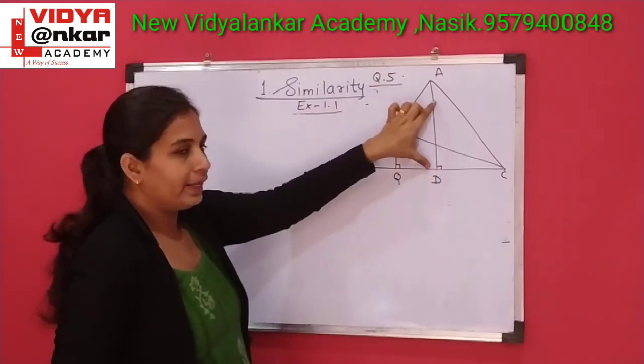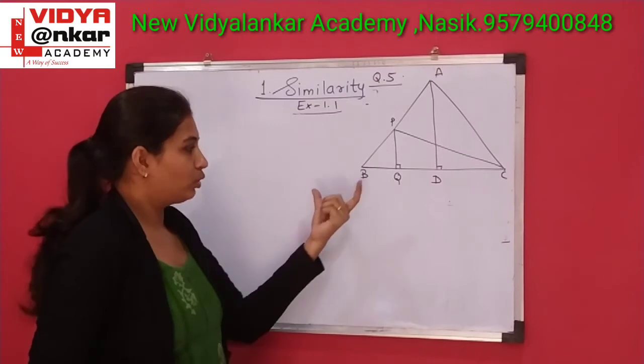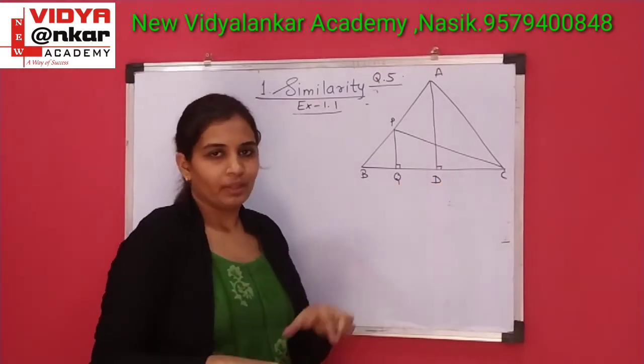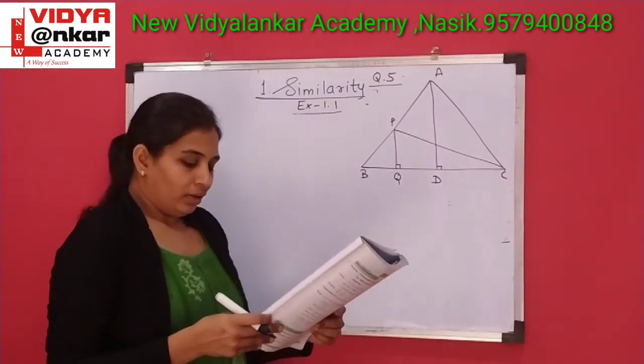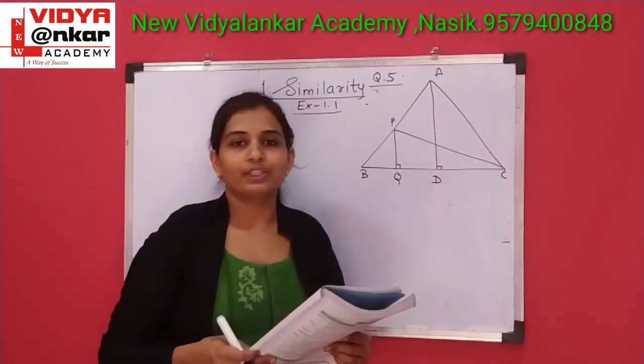PQ and AD are the perpendiculars drawn on side BC, and we are asked for various kinds of ratios.